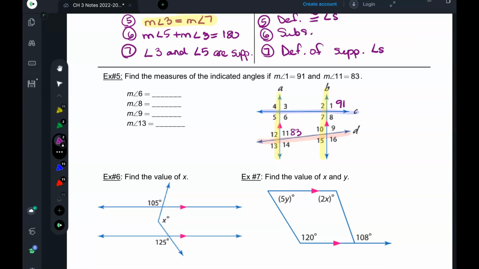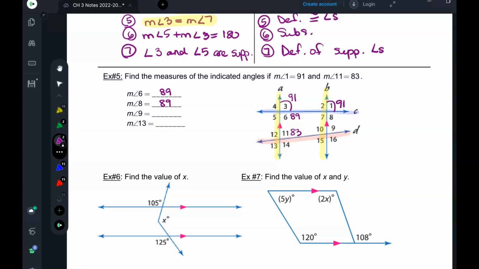Angle 1 and angle 3 have to be congruent because they are corresponding. And then 3 and 6 add up to 180, so this has to be 89 degrees. Angle 8 also makes a linear pair with angle 1, so that also has to be 89.